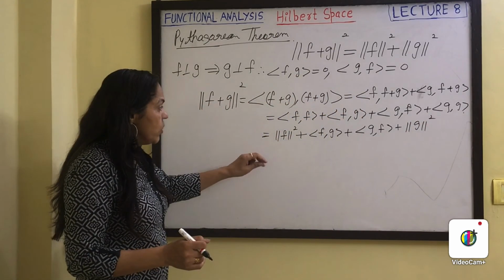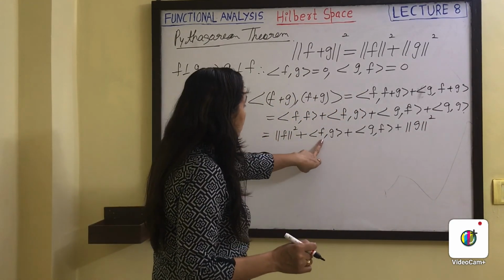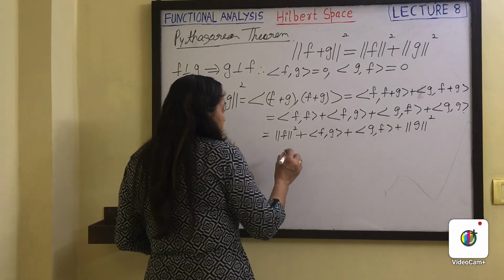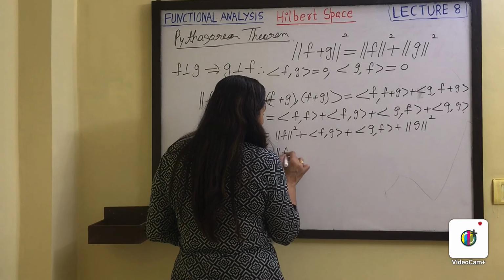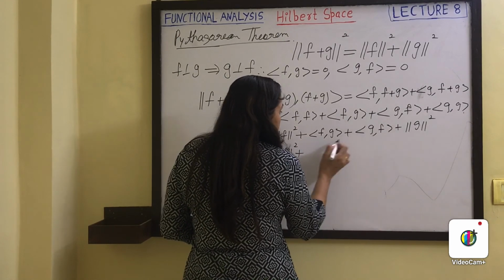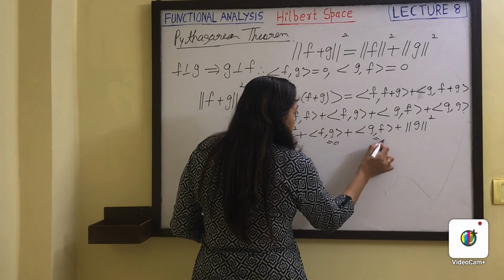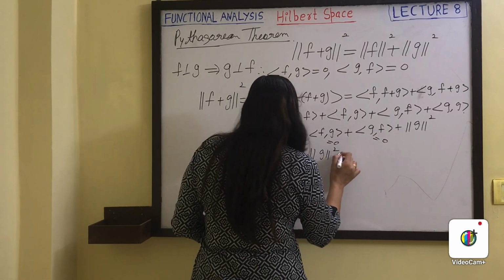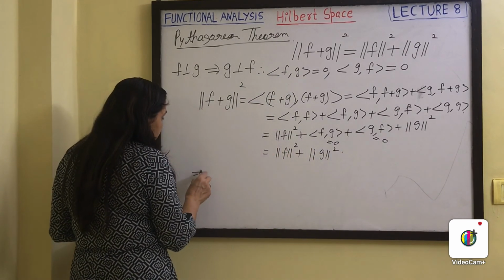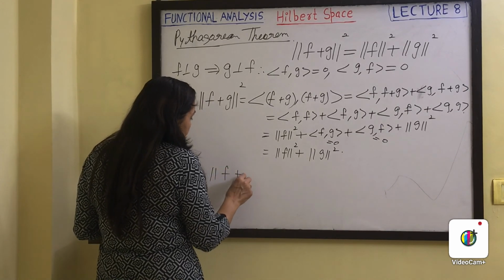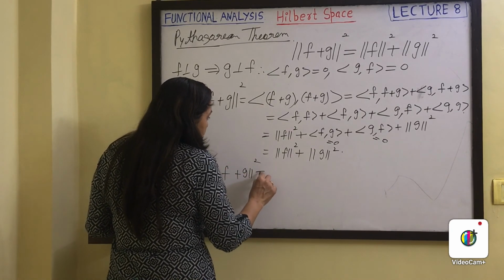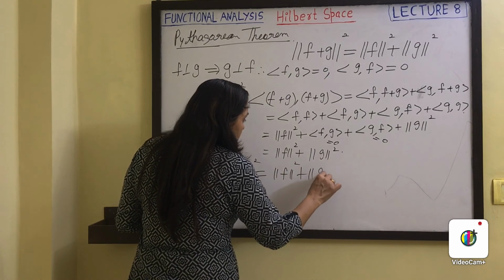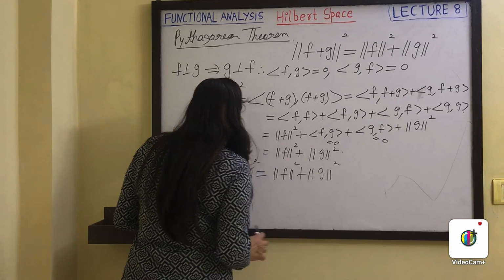Now we know that these two values are equal to 0, therefore norm f squared plus norm of g squared. So we have proved that norm of f plus g squared is equal to norm f squared plus norm g squared.